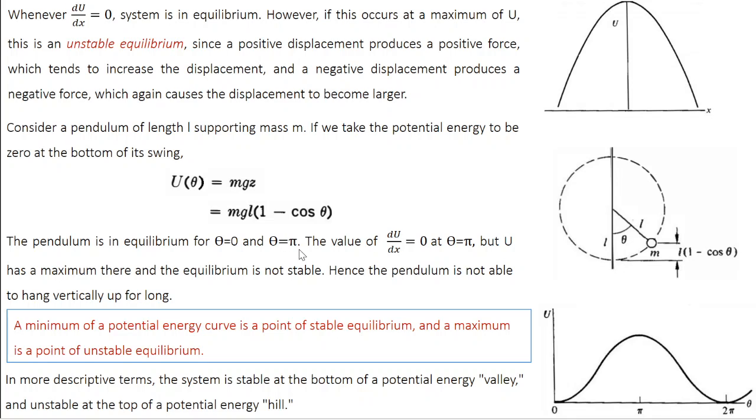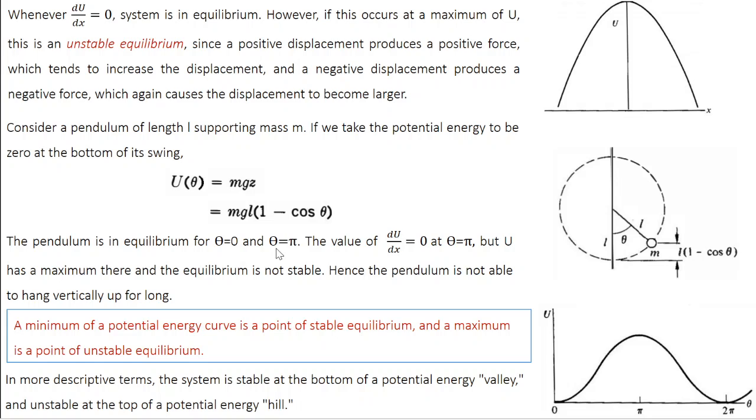What happens when theta equals pi? Cos pi is minus 1. So 1 minus minus 1 is 2. So you have 2mgL. So 2, m, g, L are all constants. So when you take du by dx at theta equal to pi, the derivative of a constant is 0. So once again you get du by dx equal to 0.